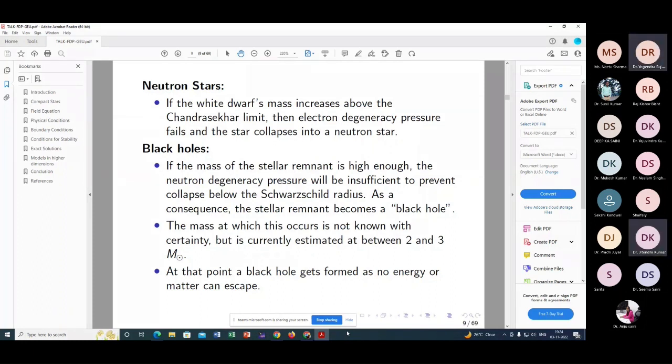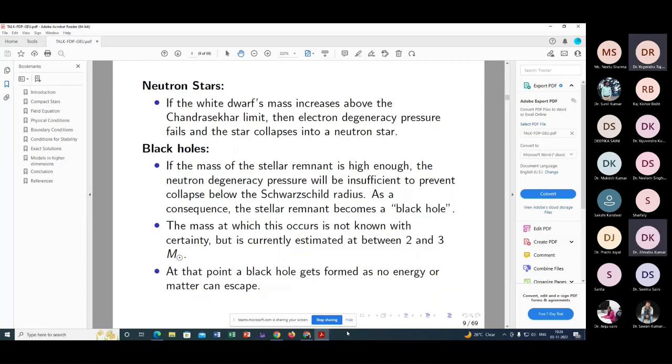For this, an equilibrium is possible after the star shrinks by 3 orders of magnitude to reach a radius between 10 to 20 kilometers. This is a neutron star. It means when any star has a mass more than 1.4 solar masses and a radius between 10 to 20 kilometers, these stars are categorized as neutron stars.